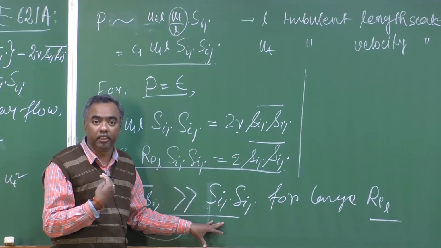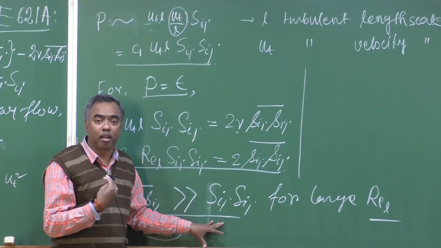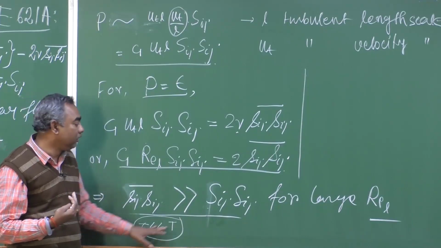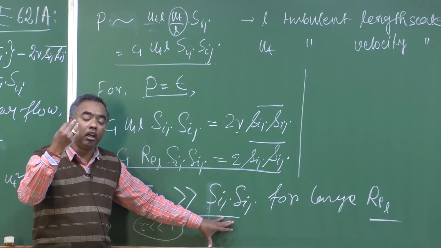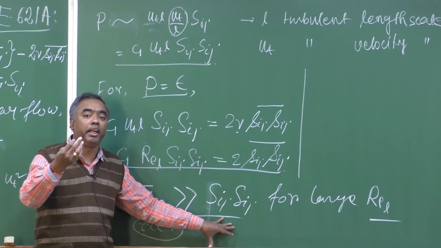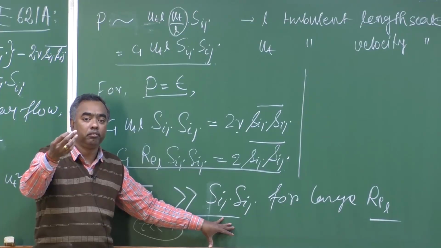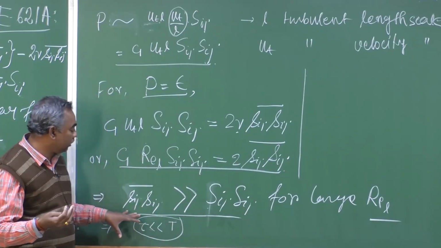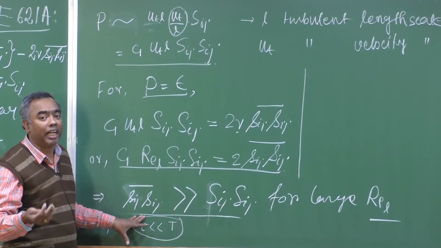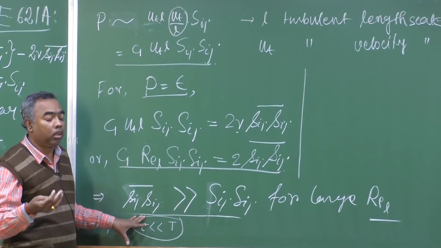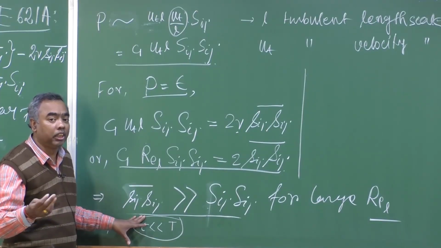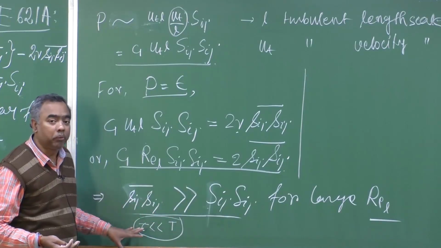If they are not correlated, then what happens? The small scales have their own life. The large turbulent scales, which are essential for extracting energy from the mean flow, are not disturbing the small scale turbulence at which the dissipation is occurring. That is what we can conclude from this.